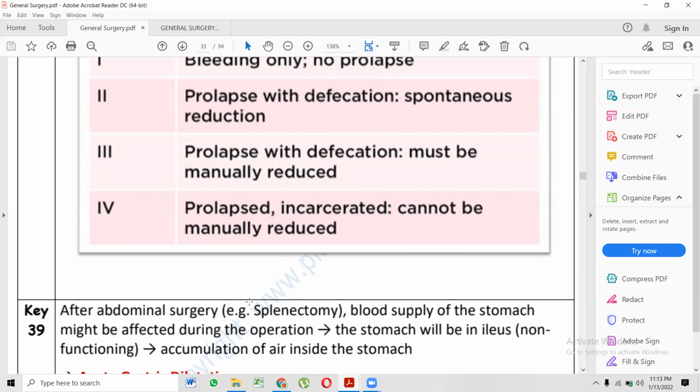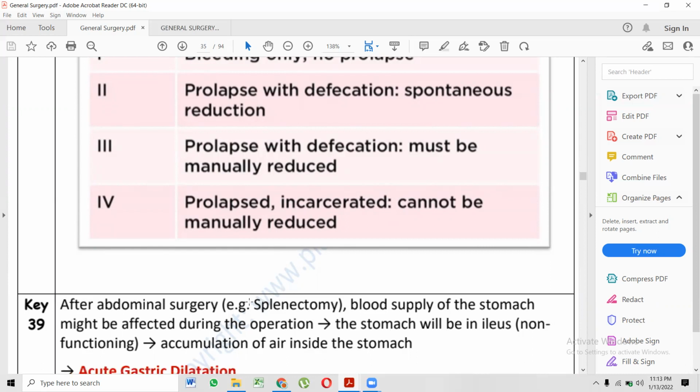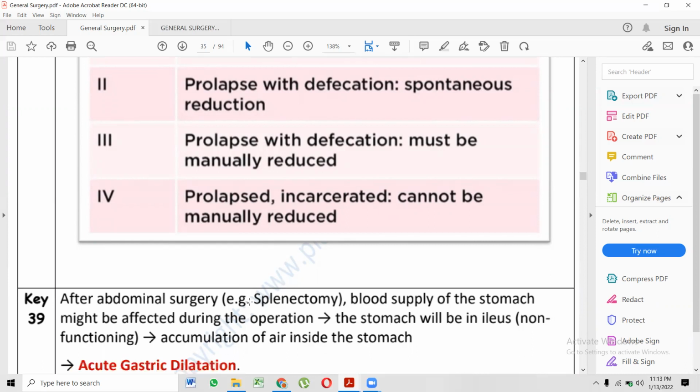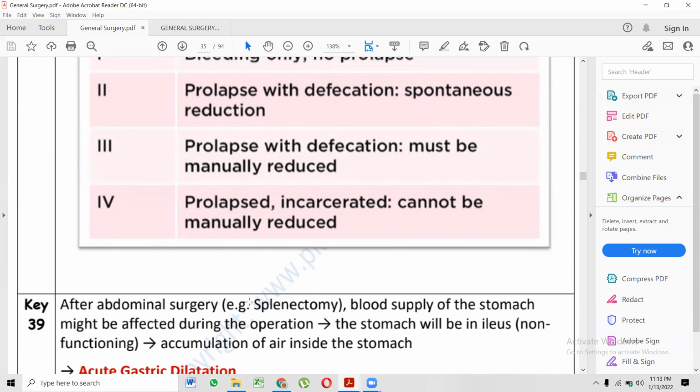So after abdominal surgery, the next topic is acute gastric dilatation. After splenectomy or removal of spleen, or during splenectomy, the blood supply to the stomach might be affected.